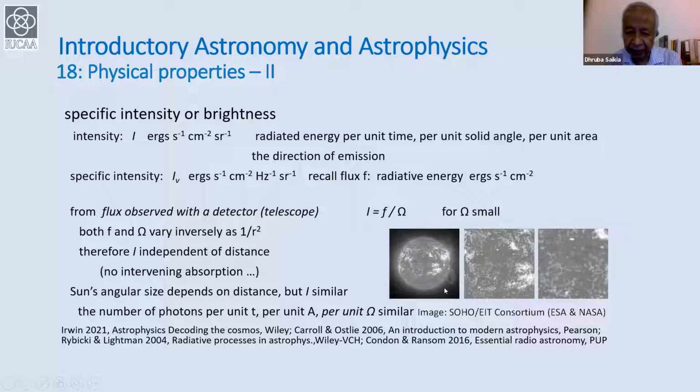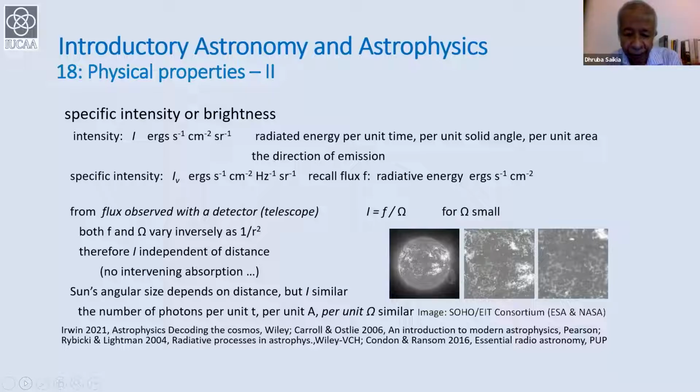So these are images of the sun itself taken by satellites from different distances, and the brightness per unit steradian is going to be the same. You can think of it as, when you get closer, you get more details and you see a larger angular size of the star. You can think of it as a picture in your home as well.